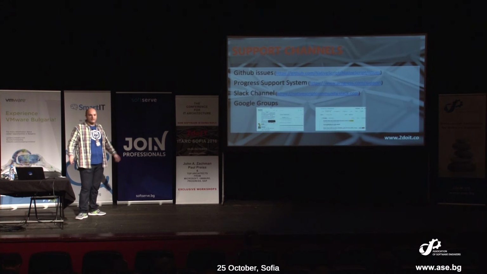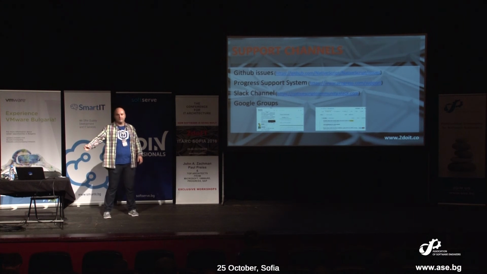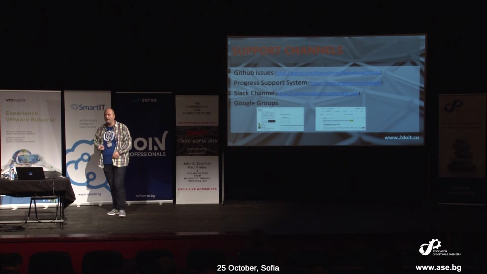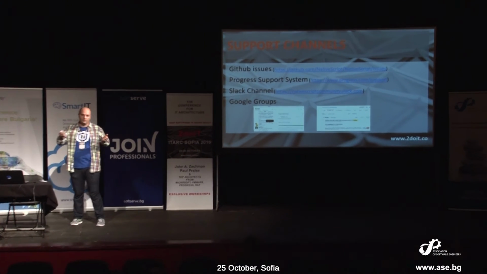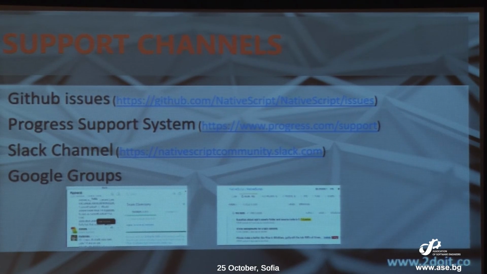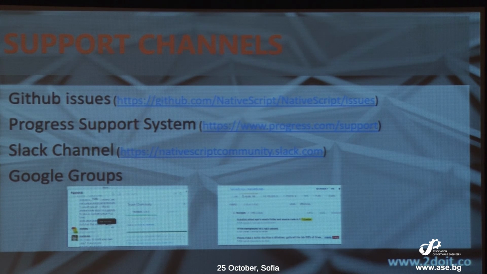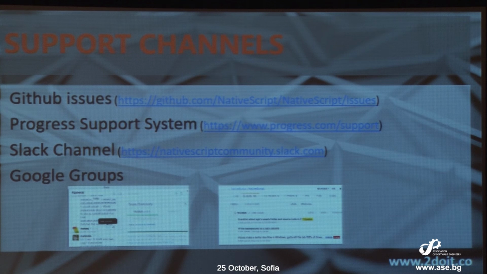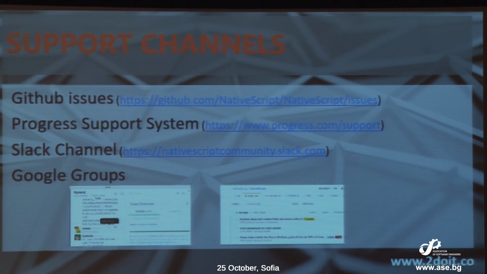There are various support channels. As I said already, the NativeScript team has chosen GitHub to gather issues and to communicate on them. We use the Progress support system to handle the support requests of paying customers. We use a Slack channel where everybody is talking and trying to help with the questions, and you can see the community experts there in action.